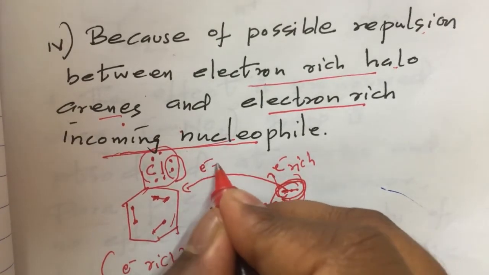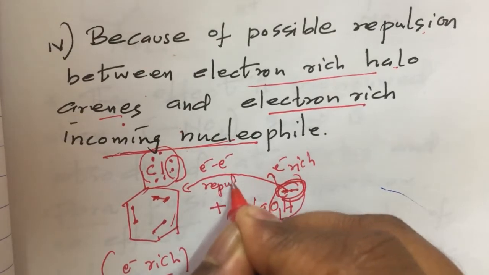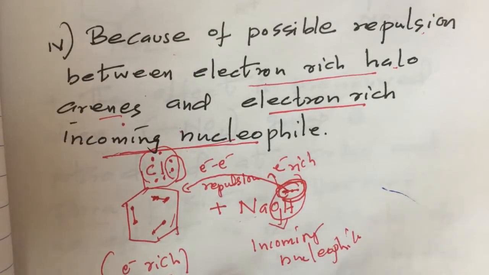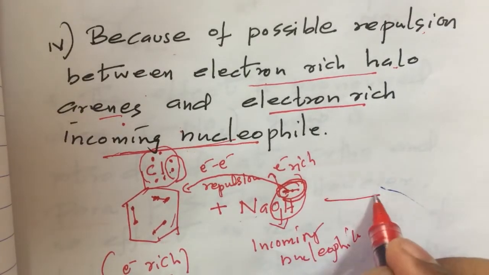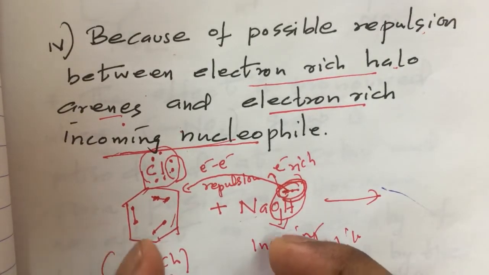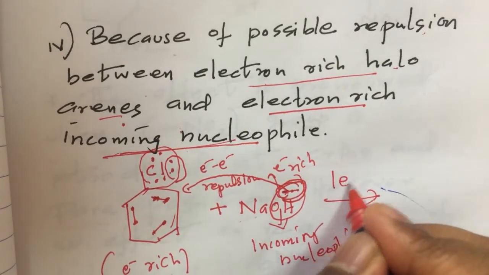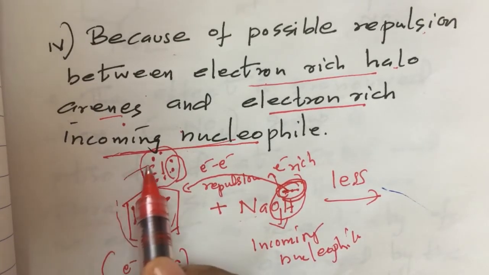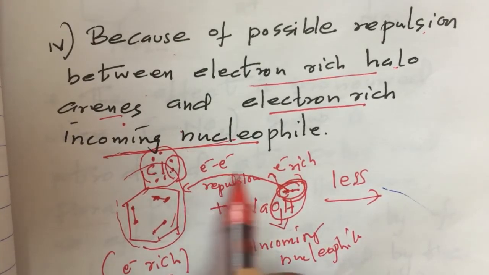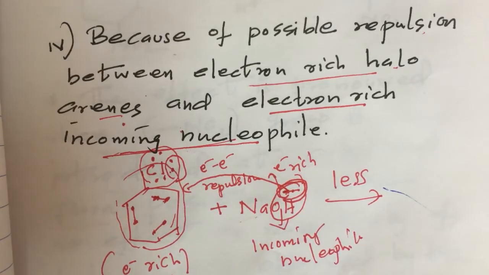So there is a possible electron-electron repulsion because both are electron-rich species. And due to this repulsion, the chance of reaction is less. So this is another reason behind less reactivity of haloarenes towards nucleophilic substitution reaction.